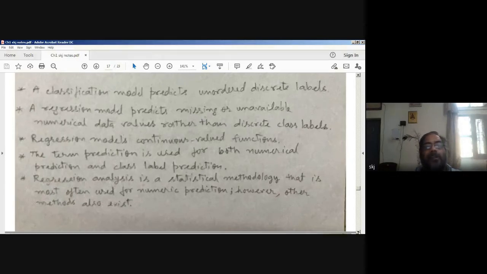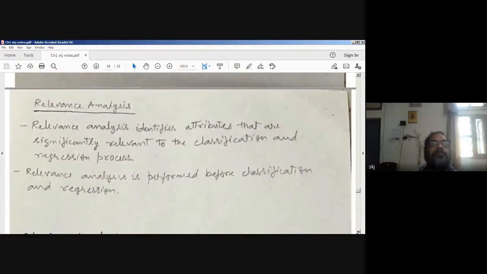Regression analysis is a statistical methodology that is most often used for numeric prediction; however, other methods also exist. You will study regression analysis, and we will also discuss classification models, but both have different kinds of objectives. In one case, it deals with discrete levels or discrete objects; in the other case, it deals with a continuous valued function.